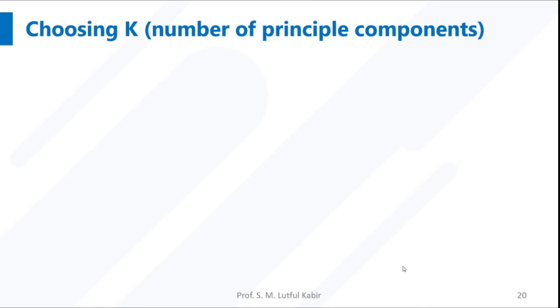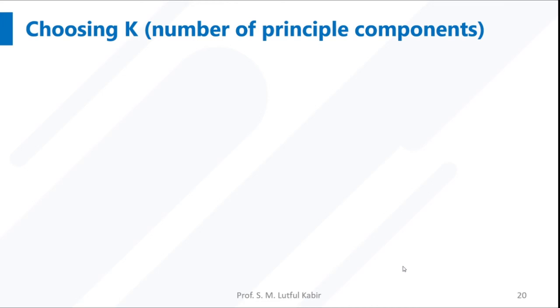Now let us discuss how to choose the value of k, the number of principal components. The value of k means, as we mentioned in the earlier slides, the n dimensional data will be changed to k dimensional data.